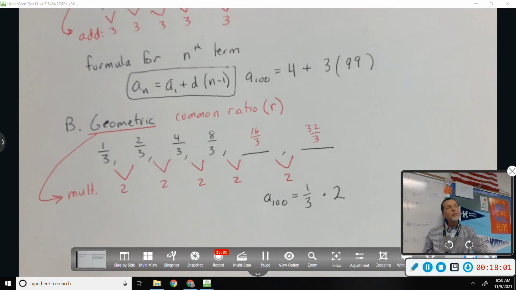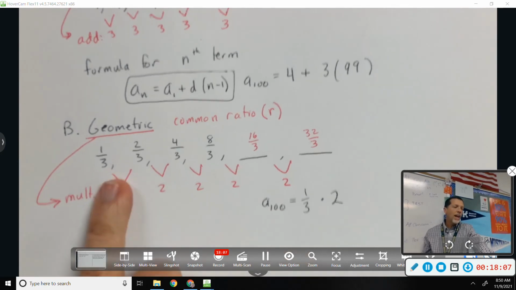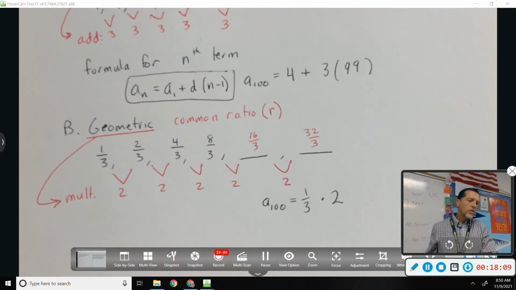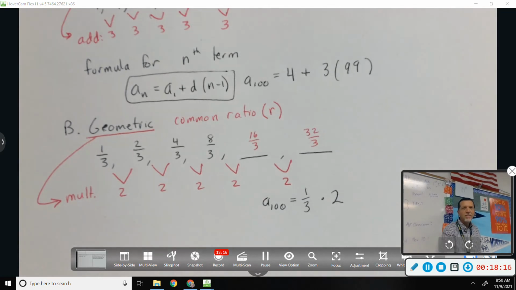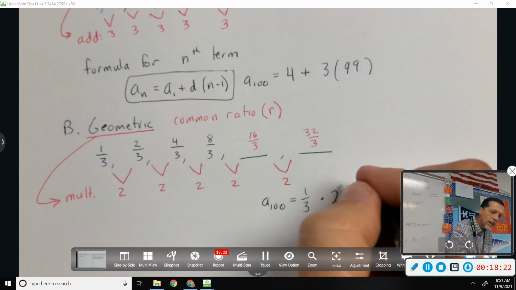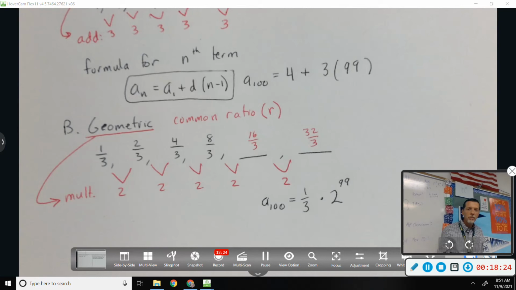How many times do I need to multiply by 2 to get to the 100th term? 99 again, because I already have the first term. So how do I multiply by something 99 times, assuming I don't want to write times 2 99 more times? So the power, right? An exponent means how many times you multiply. So that 99 would go up there.